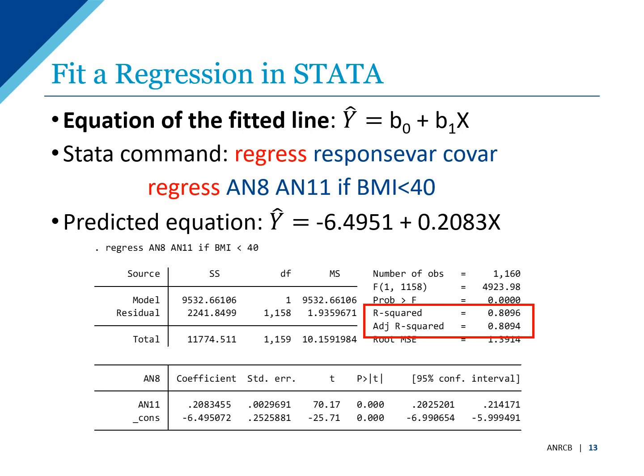The slope of the model, B1, is 0.208, and the intercept is -6.495. The slope B1 equals 0.208 kilograms per centimeter and represents the increase in weight for each 1 centimeter increase in height.